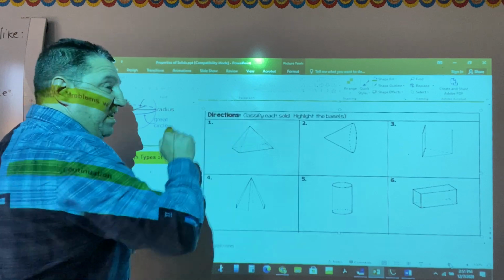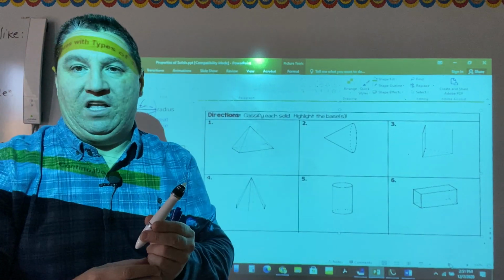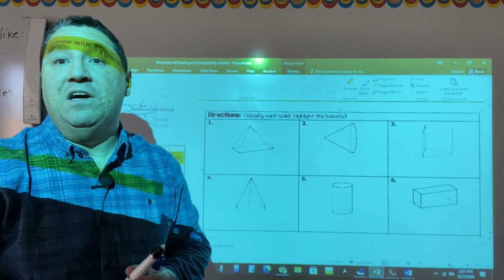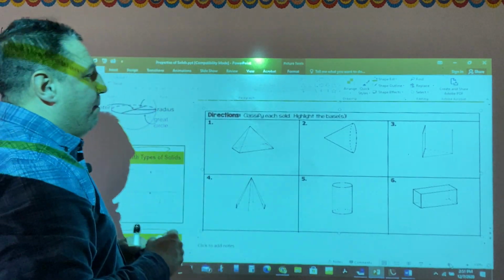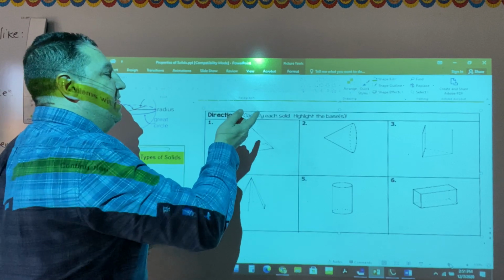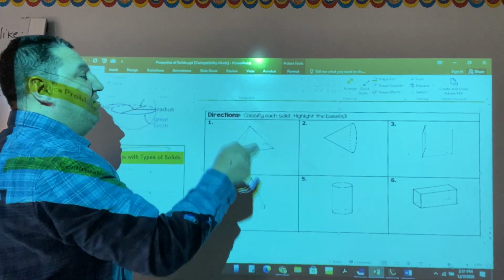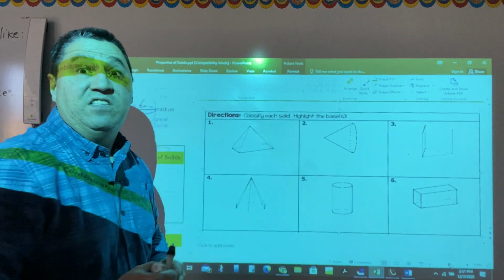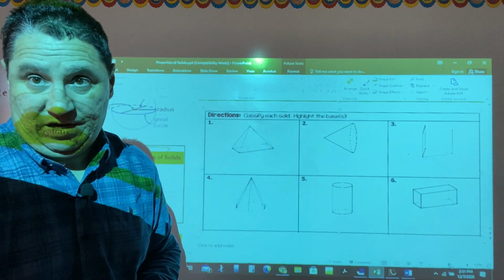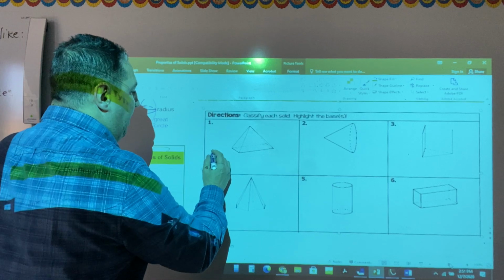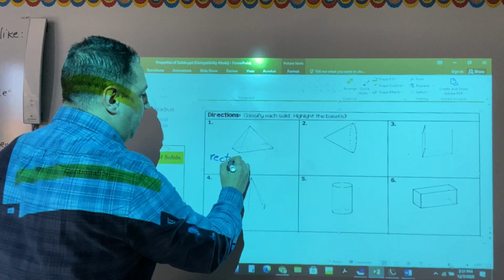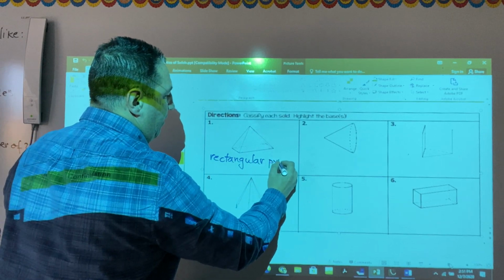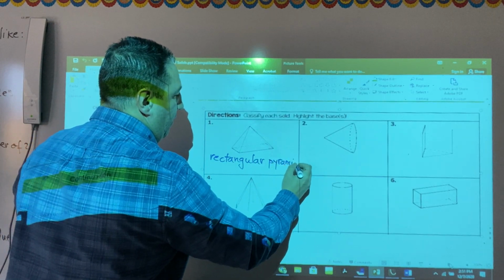The other base is reducing to a point, which means this polyhedron would be a pyramid. But we know the name of the pyramid is given by the name of its base, which in this case is a rectangle. So the name would be rectangular pyramid.